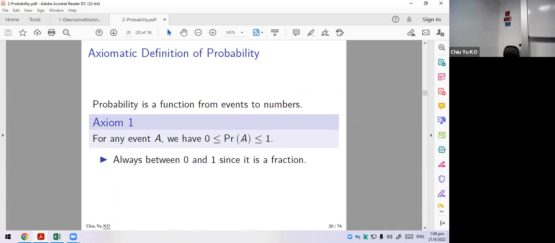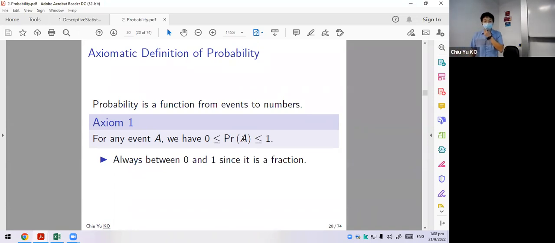The classical idea of probability as a ratio, a frequency, was defined 300 years ago, in the 1700s, by a French mathematician. But here the definition comes from modern probability theory.